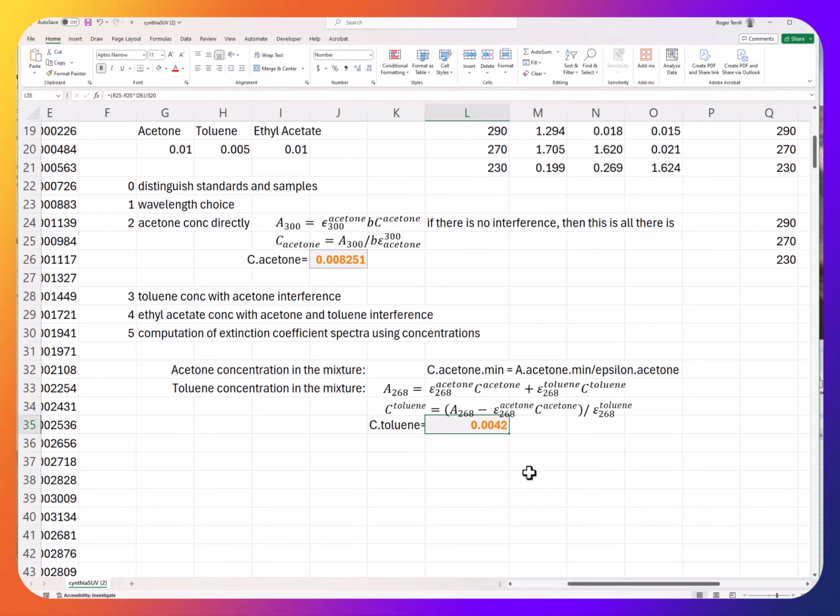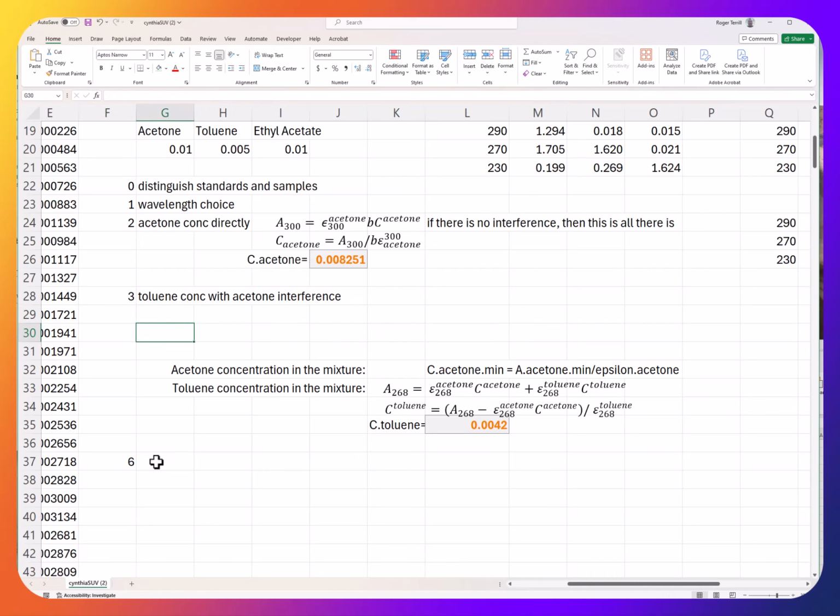There we go. And then 6 here is we're going to get the ethyl acetate concentration. That's going to be 4 right here. Okay, so this is going to be 4.